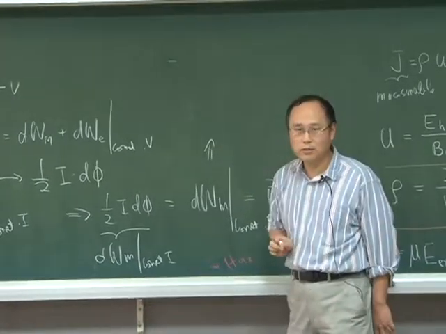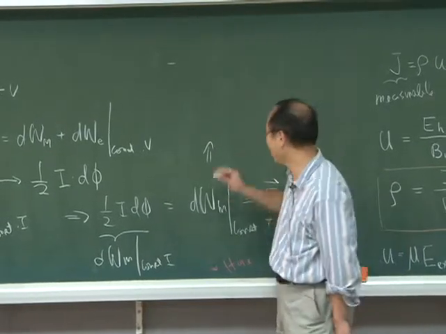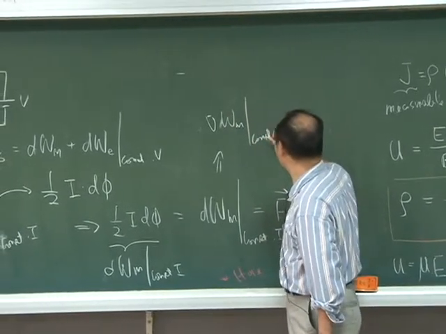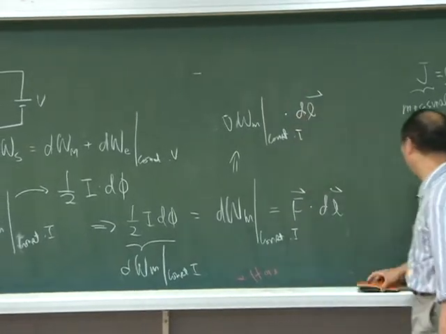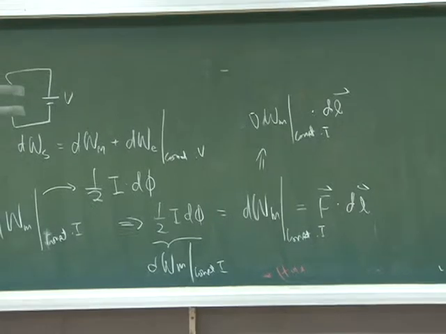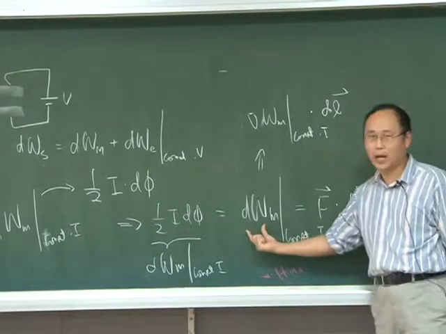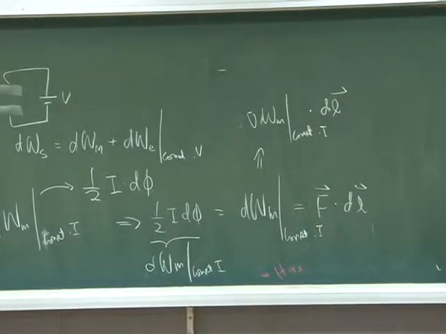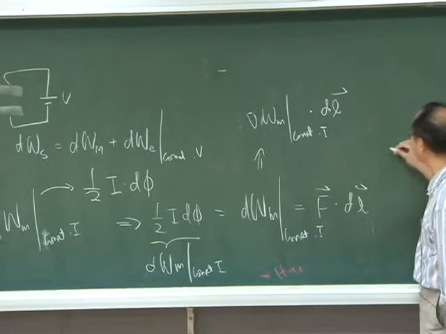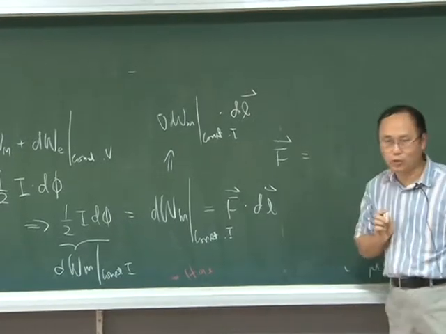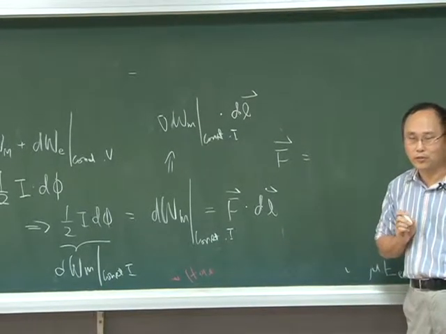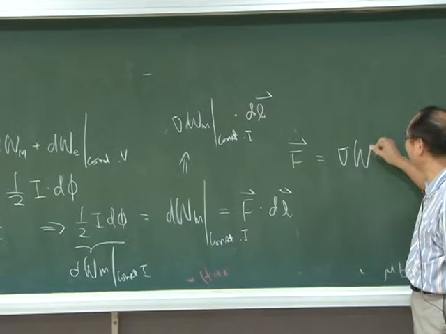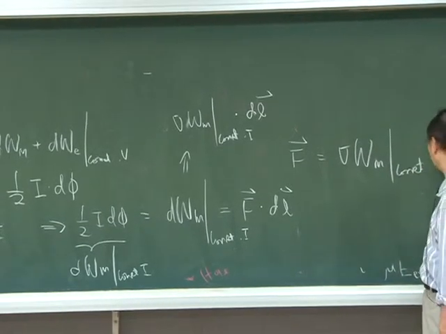And 从这个基本的 vector calculus，你知道这个等于 gradient of Wm constant current dot with dl。在你的教科书第2章的地方，告诉你说，一个变数的小改变，在空间里头相当于是 gradient of this dot with the displacement vector. So you have one formula, that is your mechanical force. You have to pull the material in that system is equal to gradient of Wm constant current.